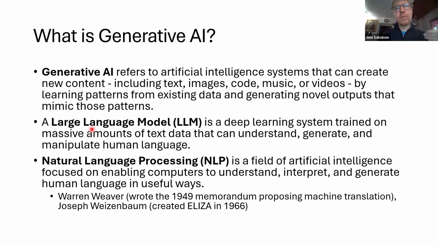Now we also use terms like foundation model and diffusion model to indicate that these models can also produce or generate other modalities of content. But the idea is that you control the output using natural language.